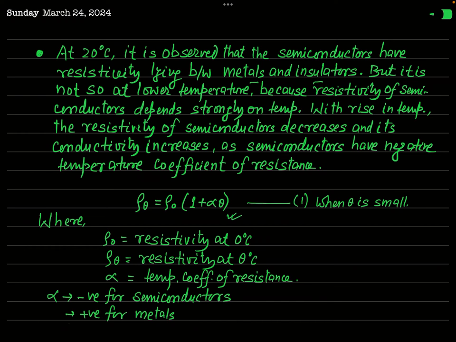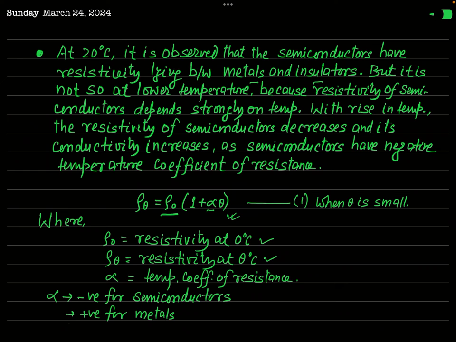This relation actually holds for both semiconductor and metal. This rho 0 refers to the resistivity of the material at 0 degrees Celsius, and this rho theta represents its resistivity at theta degrees C. And what is this alpha? You know, alpha is the temperature coefficient of resistance.